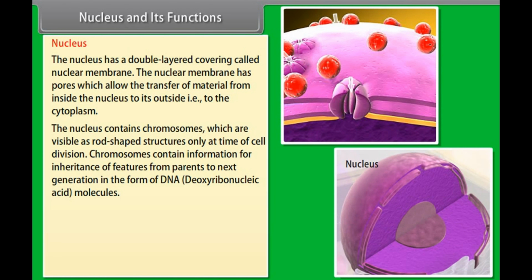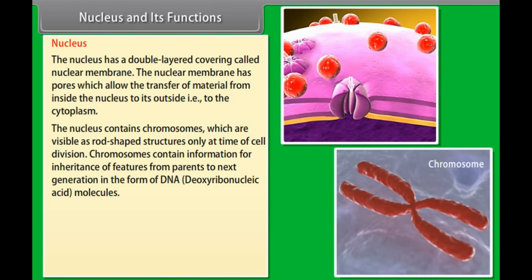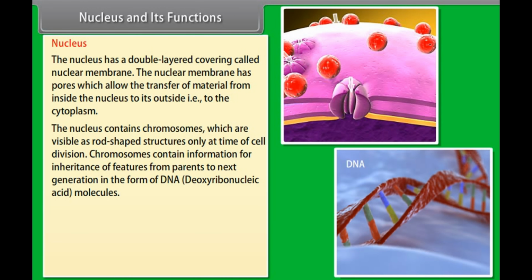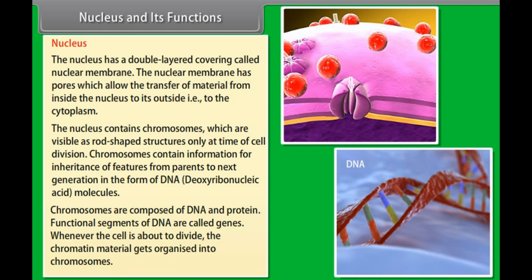The nucleus contains chromosomes, which are visible as rod-shaped structures only at the time of cell division. Chromosomes contain information for inheritance of features from parents to the next generation in the form of DNA, deoxyribonucleic acid molecules. Chromosomes are composed of DNA and protein. Functional segments of DNA are called genes.